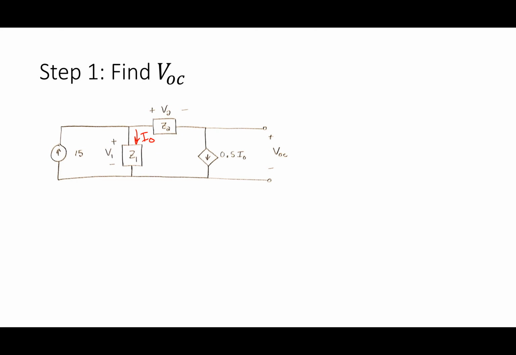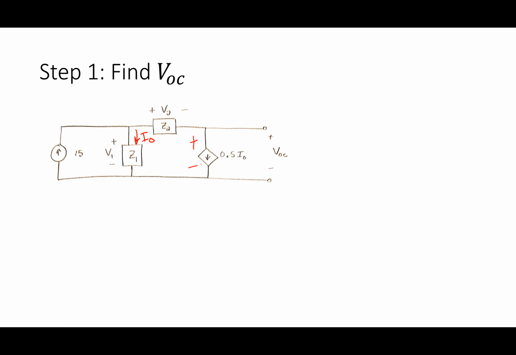First of all, if I look at this, VOC is the voltage across that current source, 0.5 I naught. That is the voltage across this guy right here. This is a case where it's not really clear to me whether I would call it mesh or nodal.